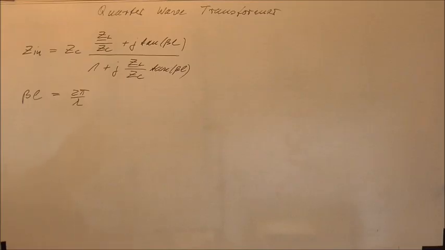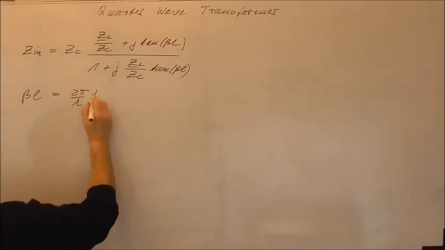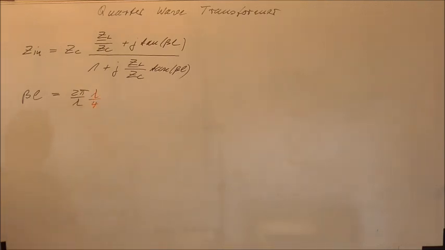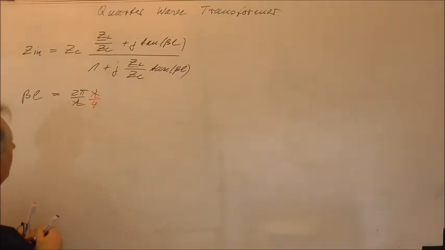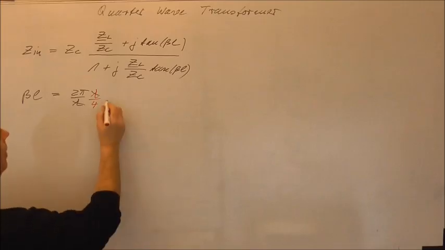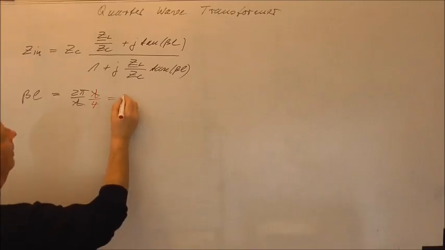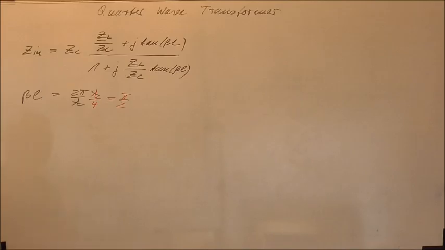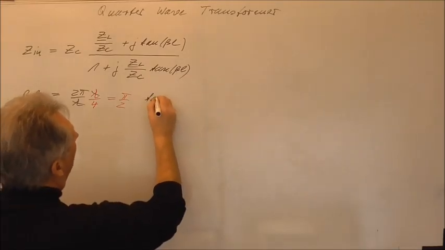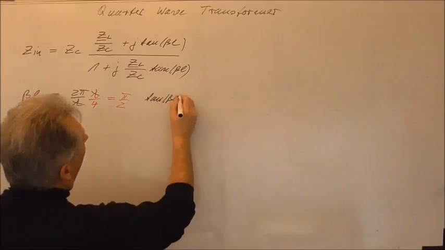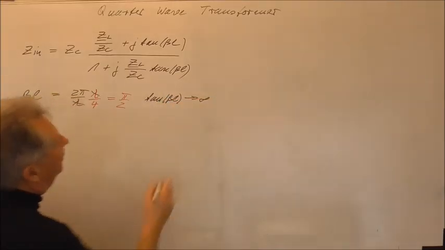Now we choose at a certain frequency the length to be a quarter of the wavelength. So you see this will cancel, and the result will be pi over 2. But for pi over 2, the tangent of beta L will tend to infinity.